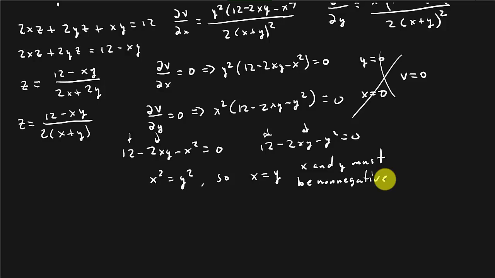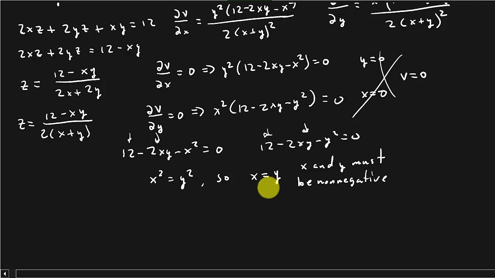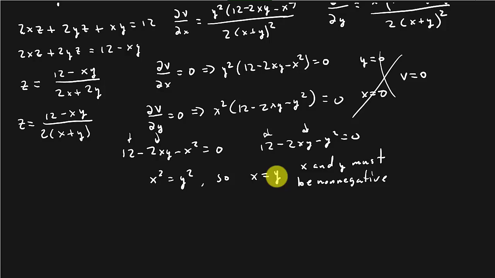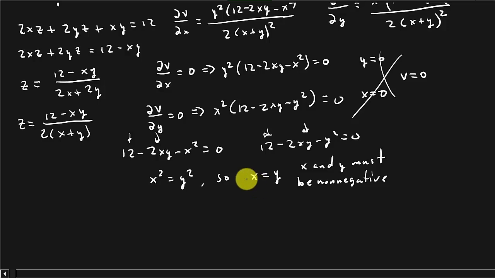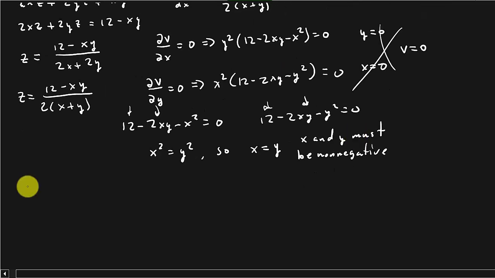And so now what we can do is take x equals y and plug it into either equation. It doesn't matter which one. So I guess we'll take the x and just plug it into here, in there for y. And so that would be 12 minus 2x times x minus x squared equals 0.